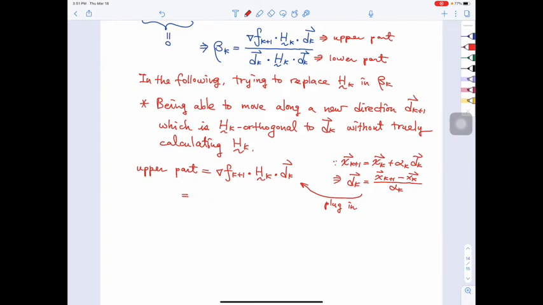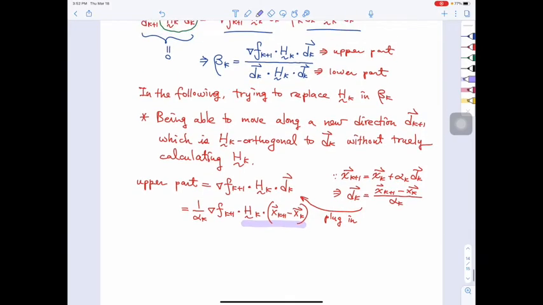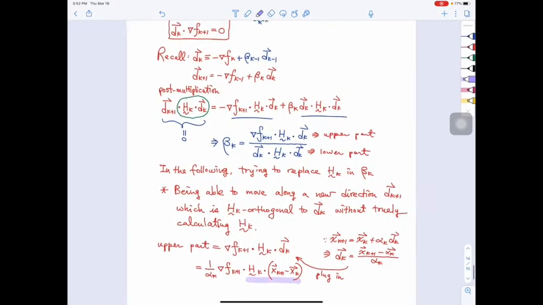We have an alpha k at the bottom, and we have gradient f k plus 1 Hessian, and we have x k plus 1 minus xk. Now, we have seen this multiple times, right? Hessian times xk plus 1 minus xk. Let's take a look where. Somewhere above.